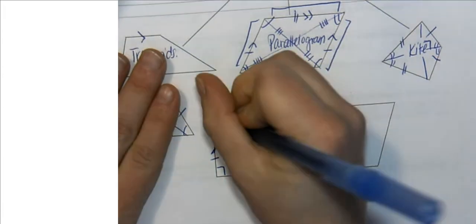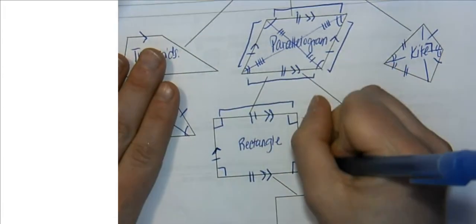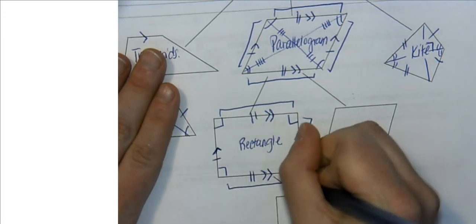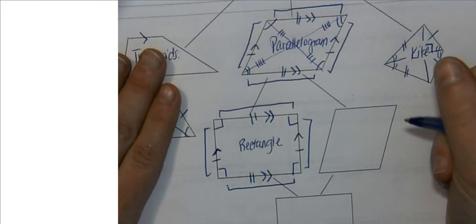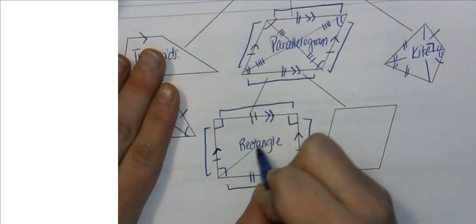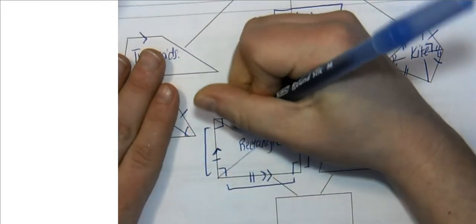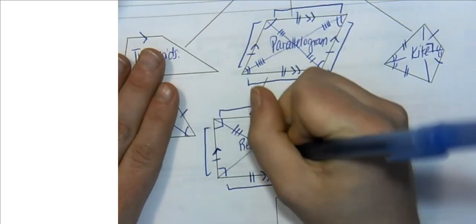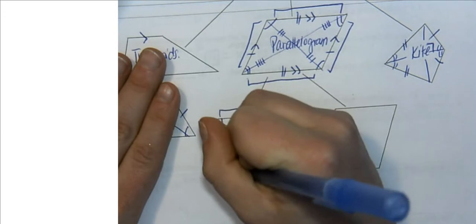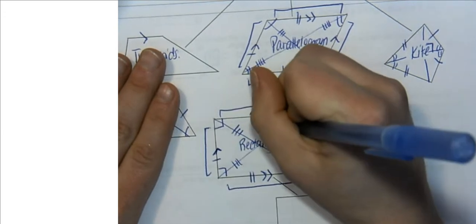As a result, 90 plus 90 is 180, so it is true that the consecutive angles are also supplementary. The diagonals still bisect each other, but what makes a rectangle special is that they are also congruent. The diagonals are congruent.